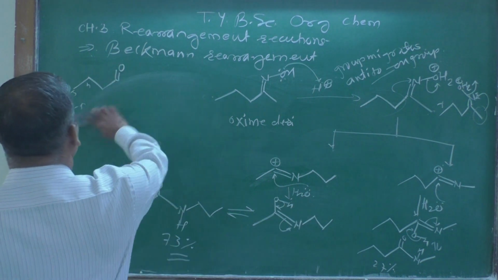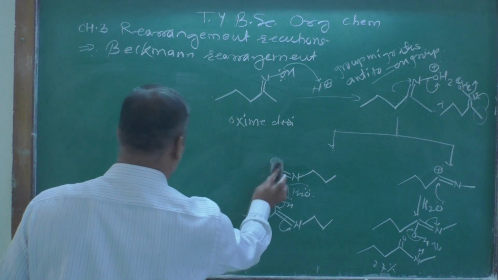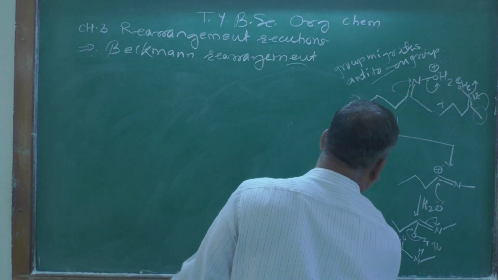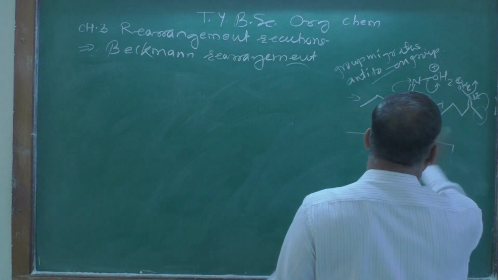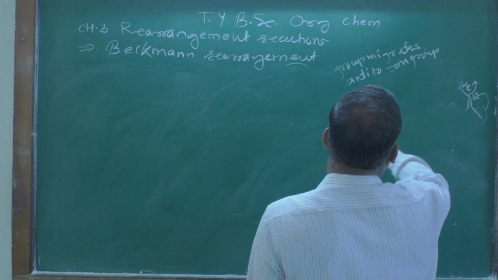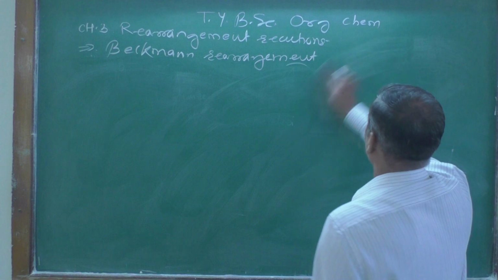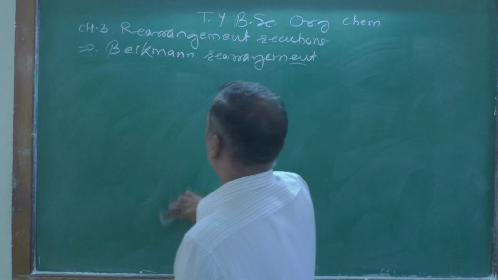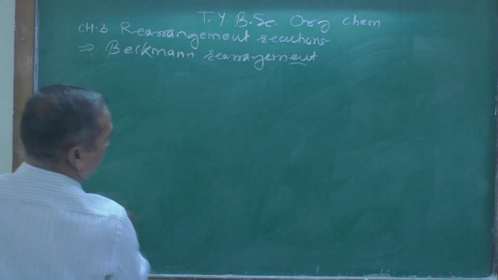Let us look at another example based on the Beckmann rearrangement reaction, because we are discussing the Beckmann rearrangement here. So now let us move on to the next example.